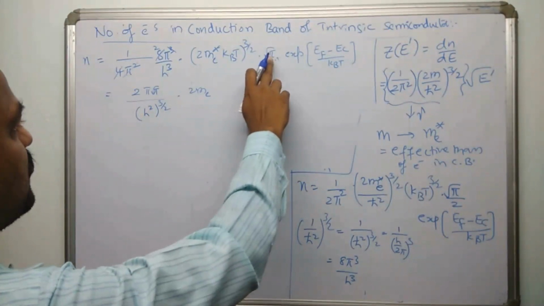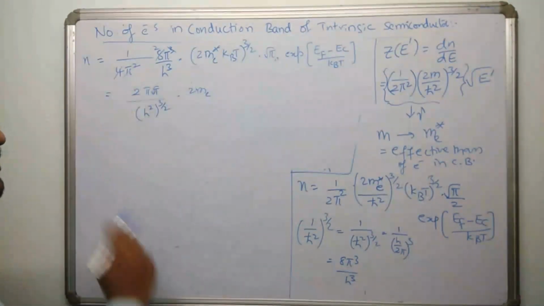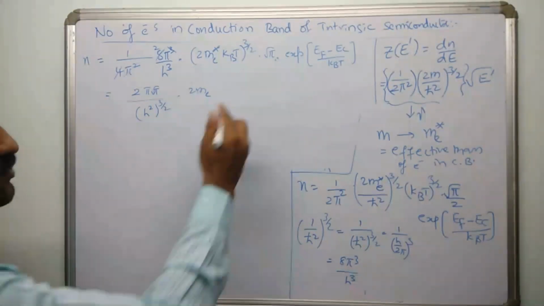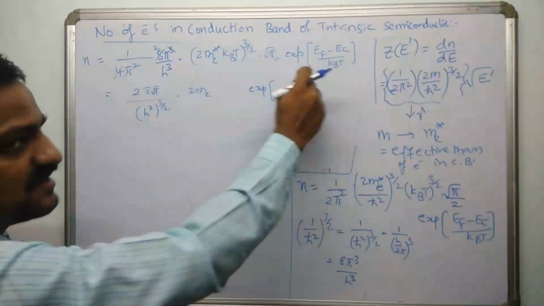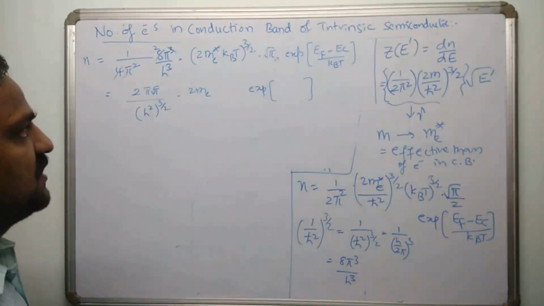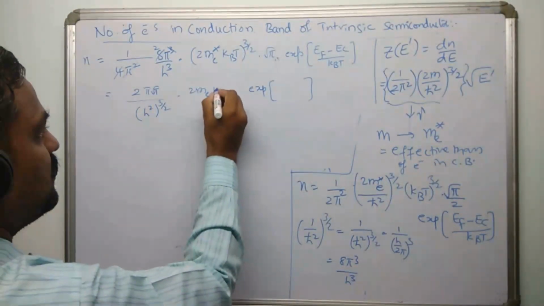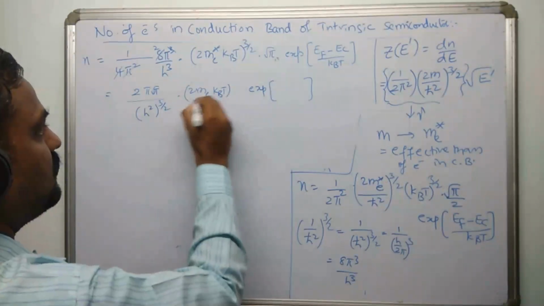This pi root pi we have already taken. So I'll write it here separately, the exponential of this term. I'm not writing it once again. This is the same term, into kBT whole power 3 by 2.